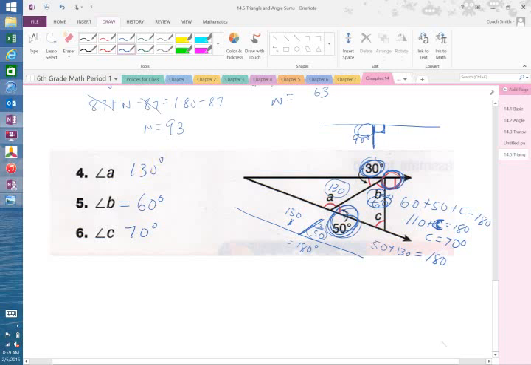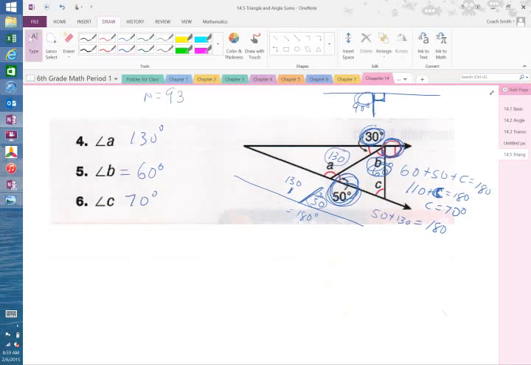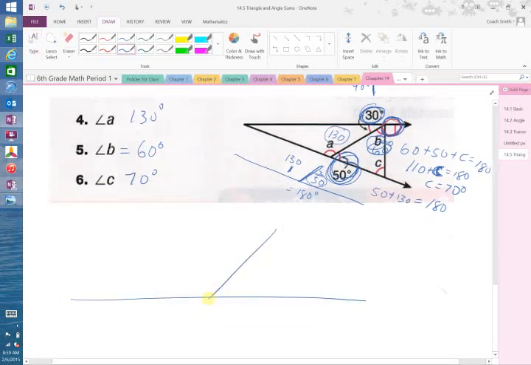Okay? So pretty simplistic if you remember basically about triangles. And also you have to remember what we talked about with transversals. Remember we talked about this several times now, angle 1, angle 2, regardless if it's connected to a triangle, it doesn't matter. Okay?